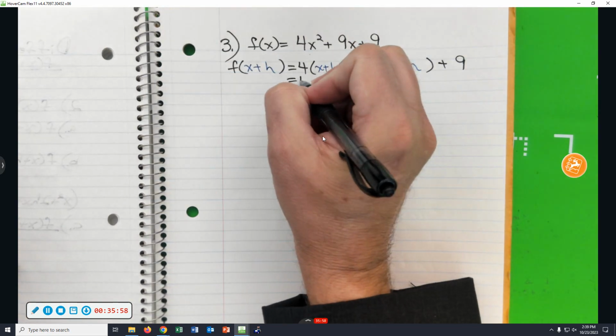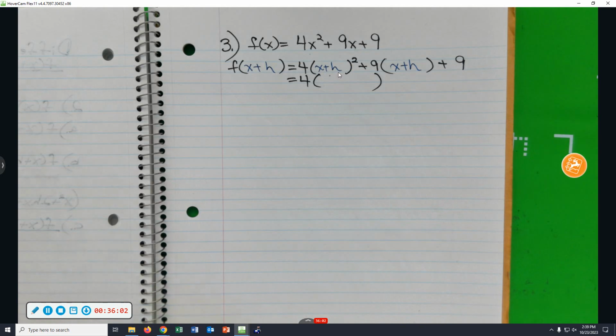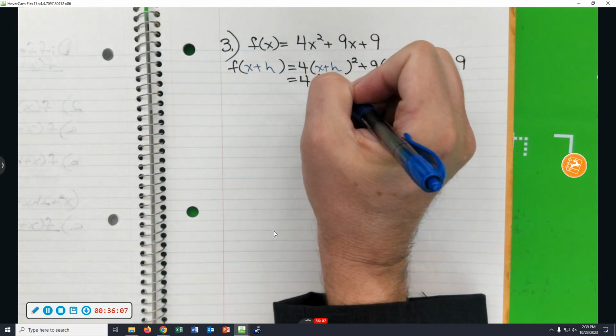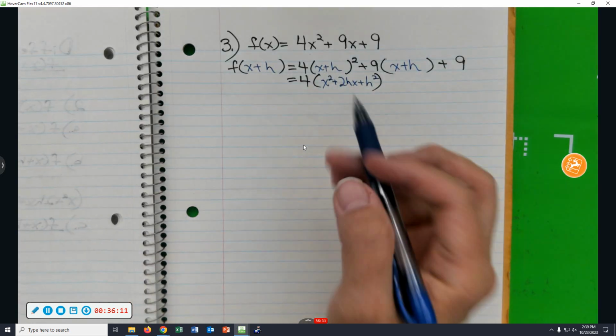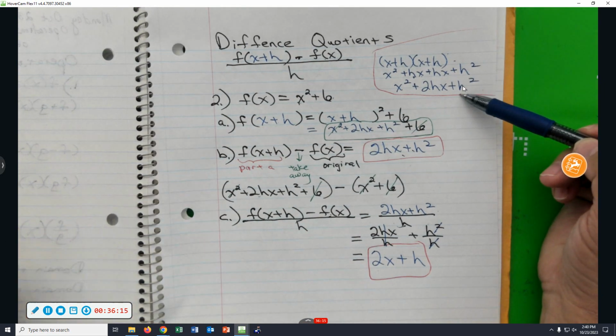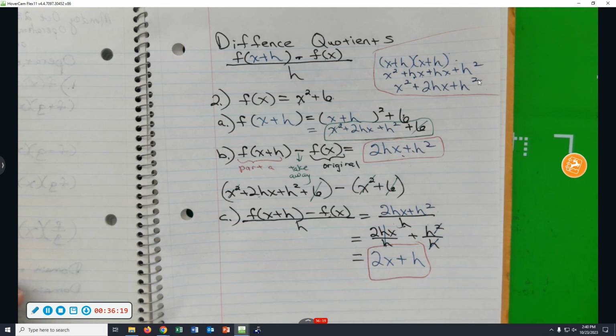So I'm going to replace that x plus h squared with what we found earlier, x squared plus 2hx plus h squared. I just replaced the x plus h squared with what we got on problem 2, x squared plus 2hx plus h squared.